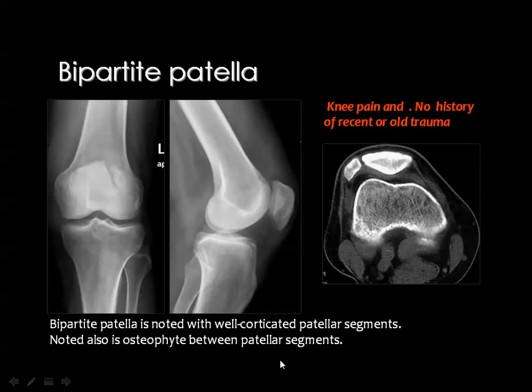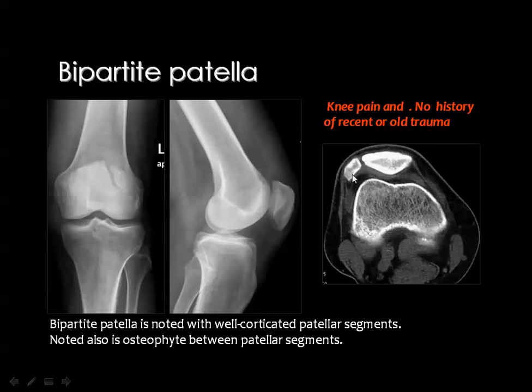Bipartite patella means that the patella is composed of two parts, and very frequently this may be mistaken as a fracture of the patella. But if you look carefully, you can see that this is the full picture of the normal patella. There are no missing parts in the patella itself.